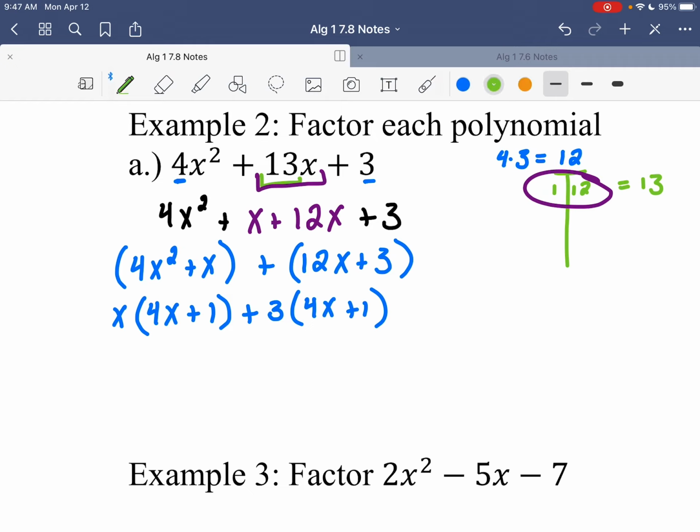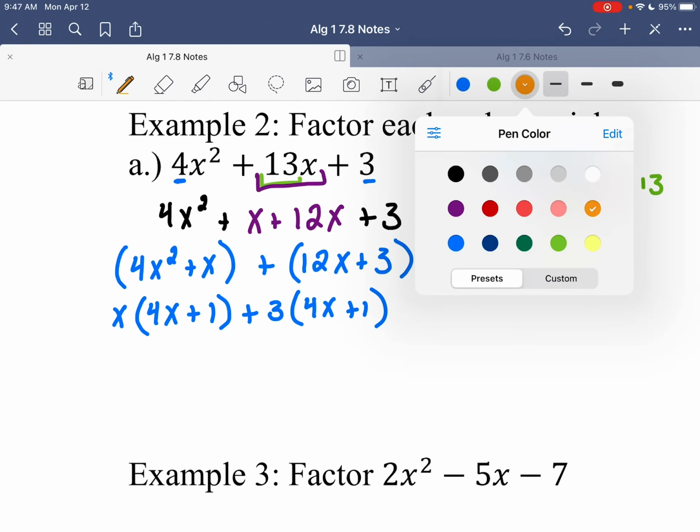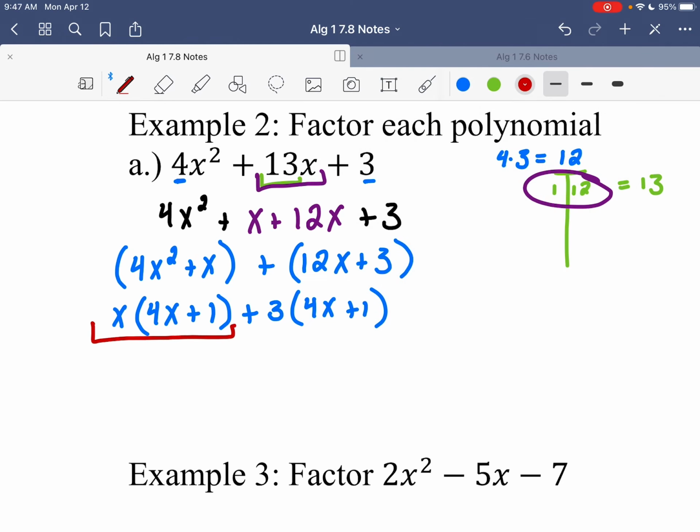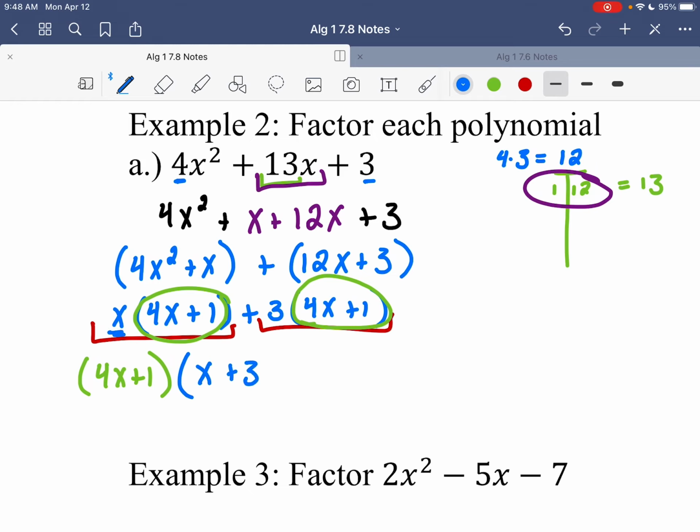Now, we really have two terms here. We've got this guy plus this guy. They both have a 4x plus 1. So I'm going to write that as 4x plus 1 out front, factoring out the greatest common factor, times x plus 3. The plus 3 comes from there.